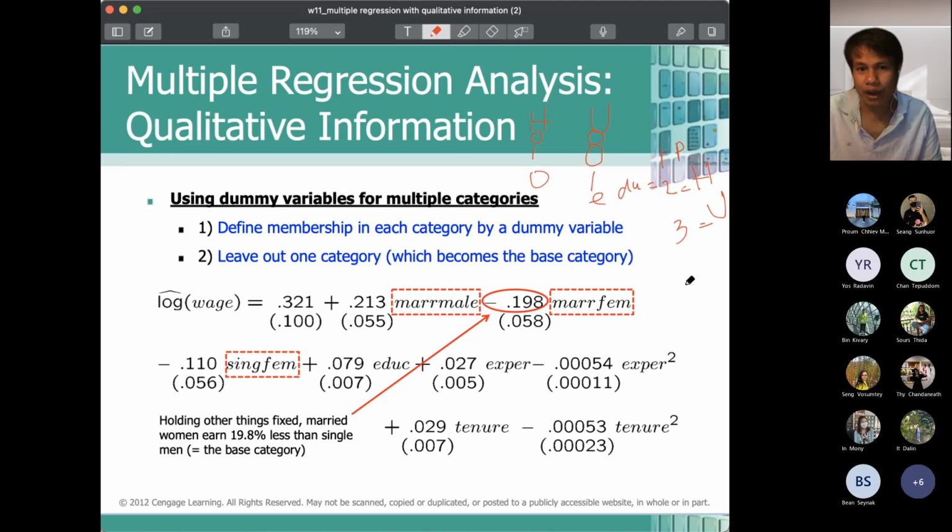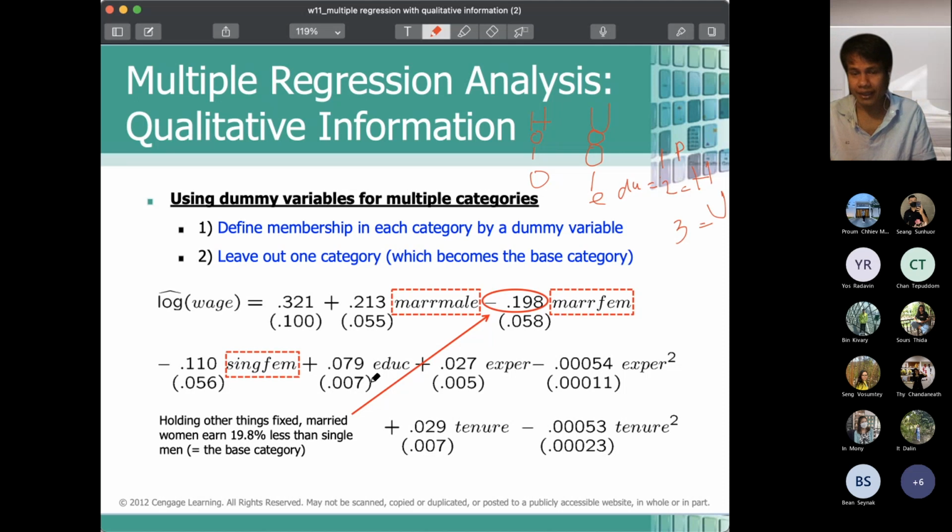But here in this variable, we only include three categories. We leave out single male. So the interpretation of these three dummies is always compared to the base category that we leave out.